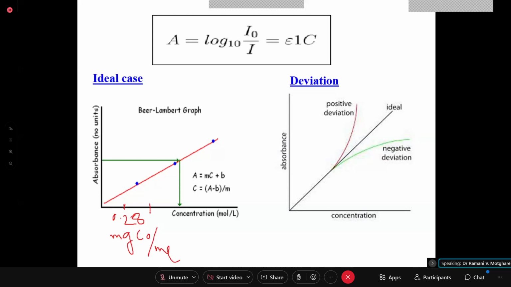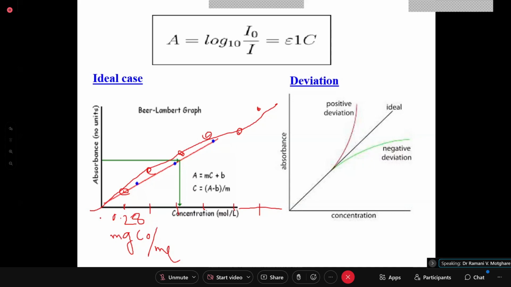The second will be the next one, third, fourth, fifth, and sixth. So whatever concentrations are given, just try to plot the absorbance value against the concentration. If you are getting something like this, try to put a straight line passing through origin.